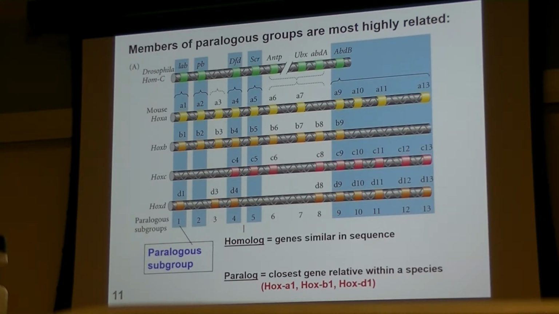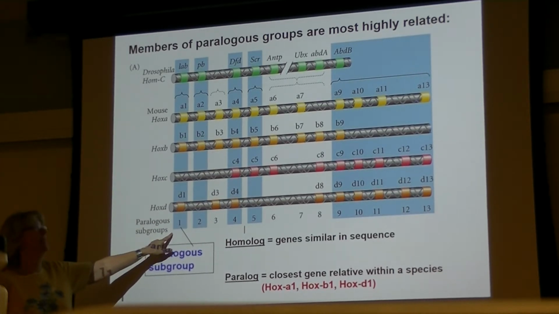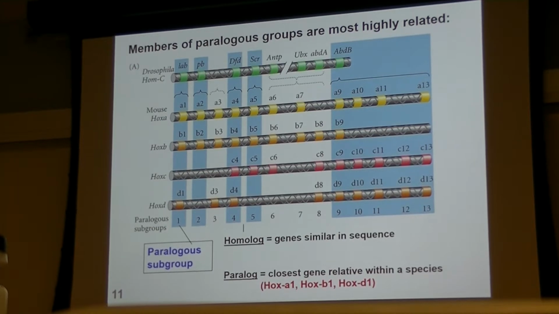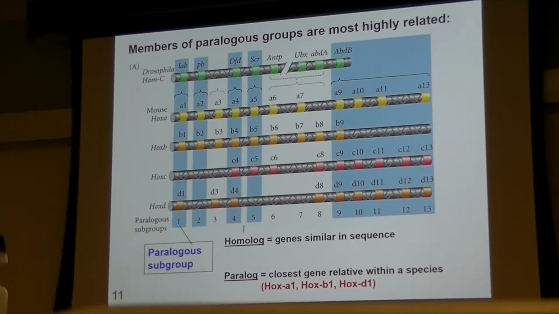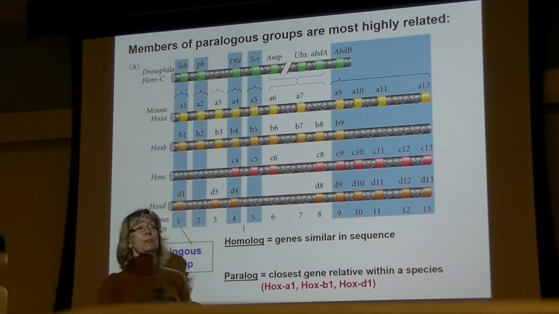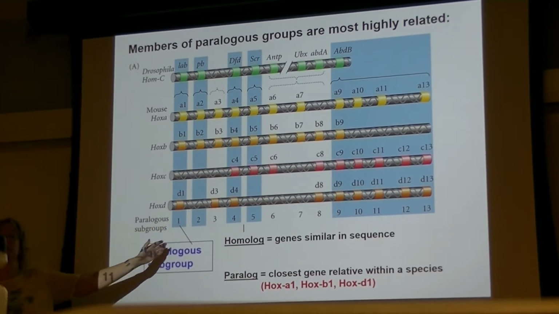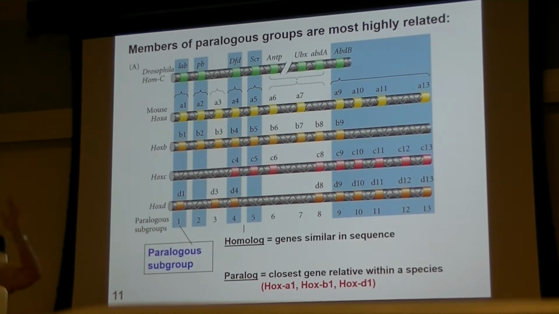So as time went by and these whole clusters duplicated, these three have an ancestor gene in common. So you might expect that they're going to be more closely related to each other than they are to other Hox gene members on the chromosome, and that's actually true. So within these paralogous groups, you would see more similarity, not only in the homeodomain, but basically throughout the whole protein, because they're descended from the same gene.